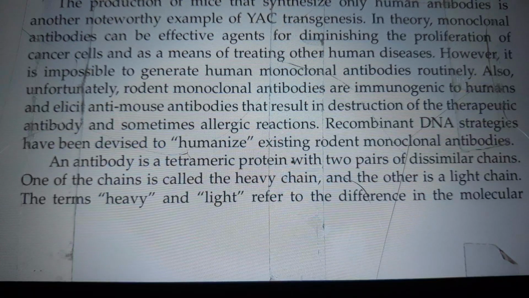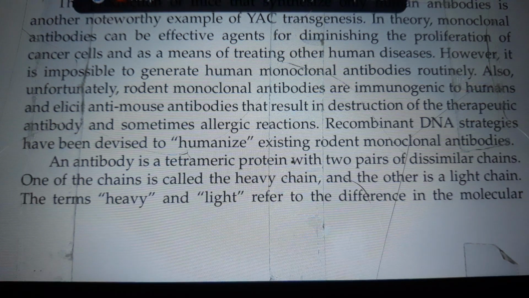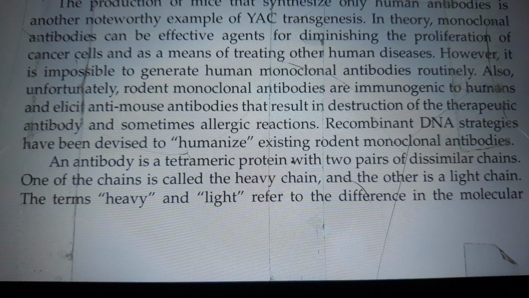The production of mice that synthesize only human antibodies is another noteworthy example of YAC transgenesis. In theory, monoclonal antibodies can be effective agents for diminishing the proliferation of cancer cells and as a means of treating other diseases.